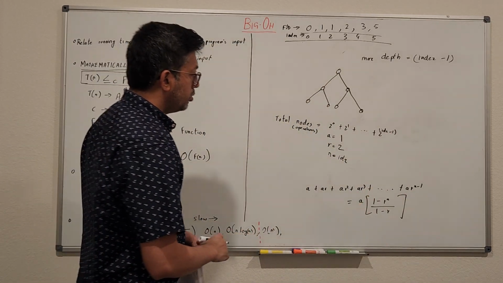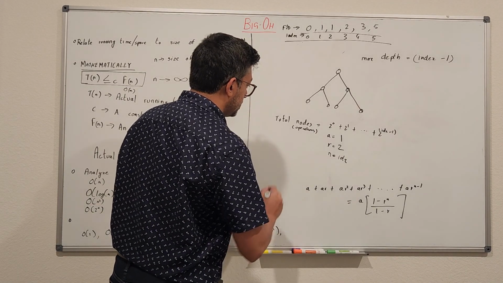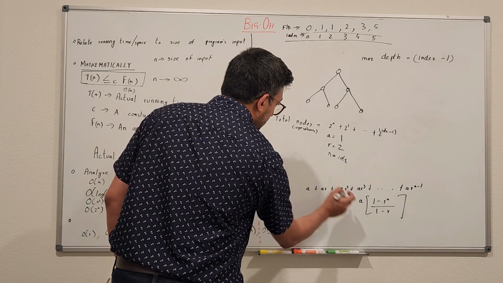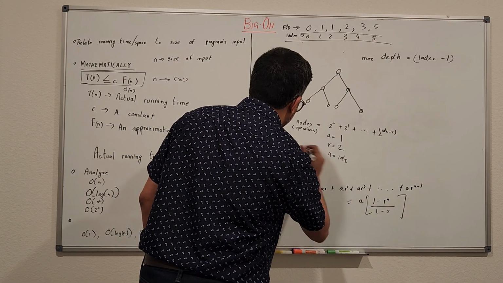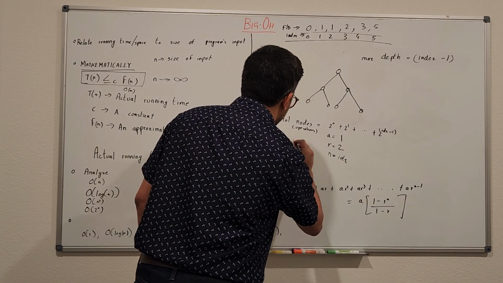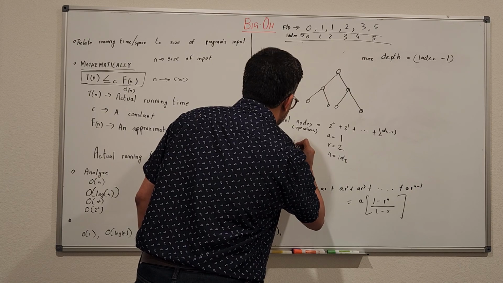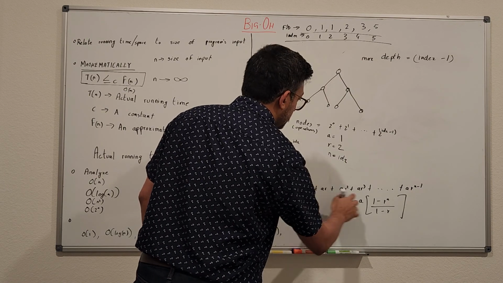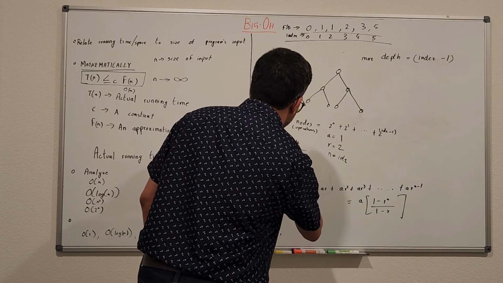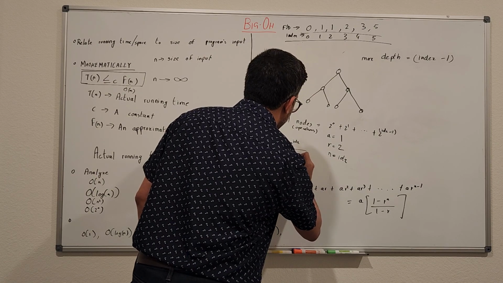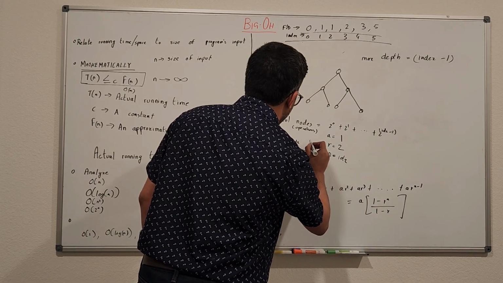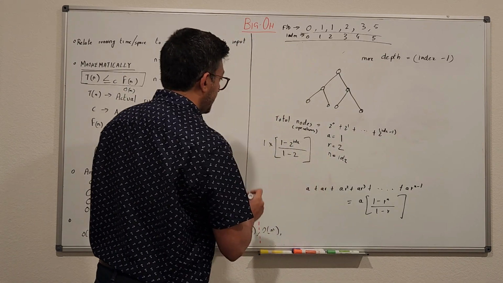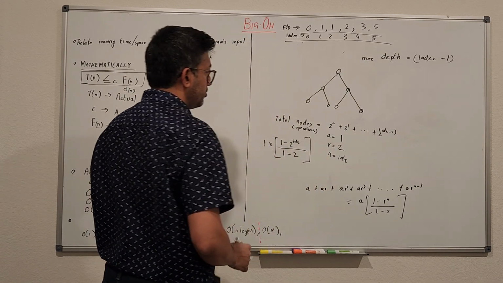Now if I substitute it in this equation, it will become a is 1 into 1 minus r raised to n, so 1 minus 2 raised to index, over 1 minus r, which is 1 minus 2. 1 minus 2 raised to n over 1 minus 2, which is the total number of nodes.